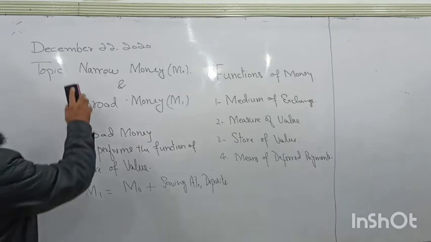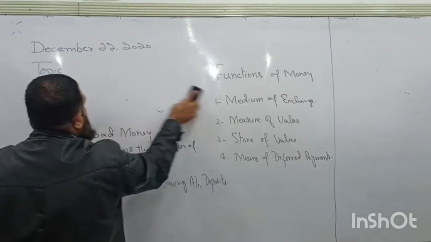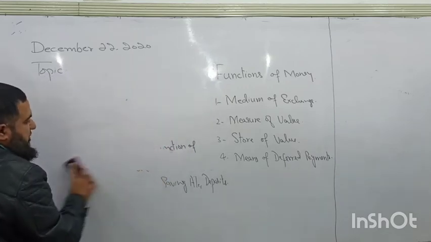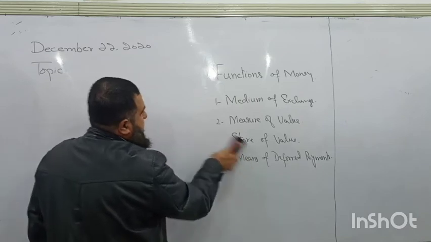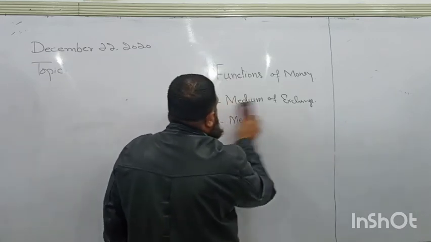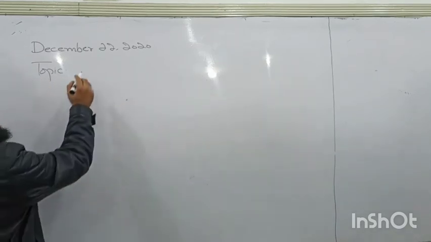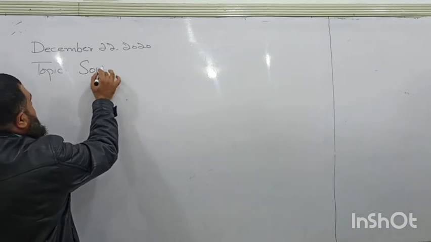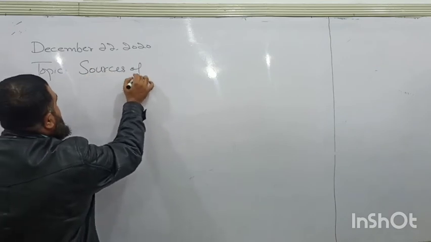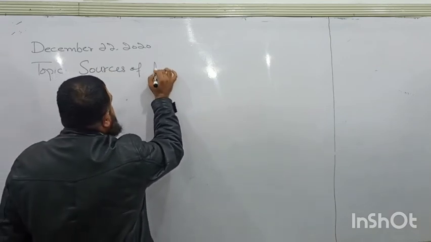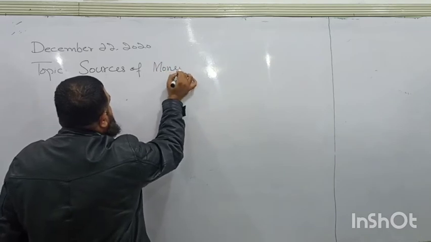Now come towards the other part of our money and banking syllabus. I am going to say what the sources of money supply are. I am going to start them today. Sources of money supply in the country. What are those sources?